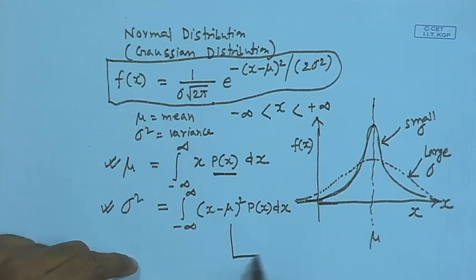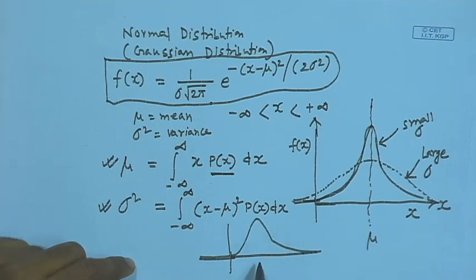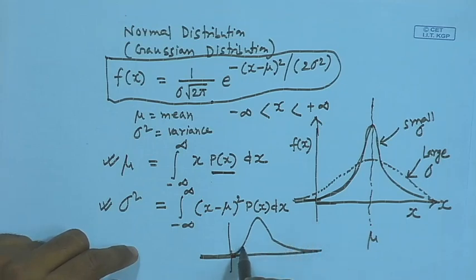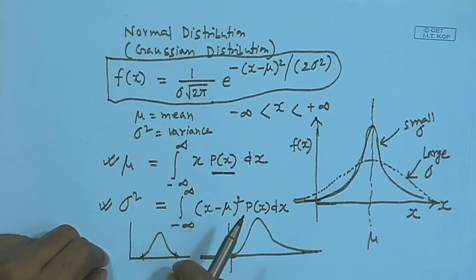So, instead of this, a real distribution will be one where the tails are cut off.